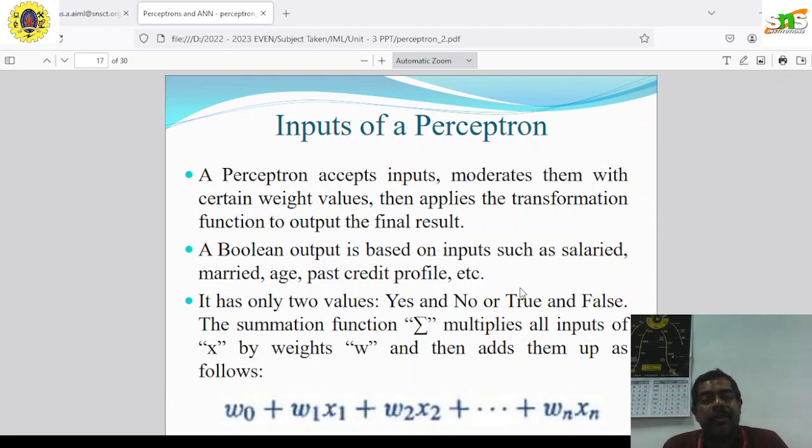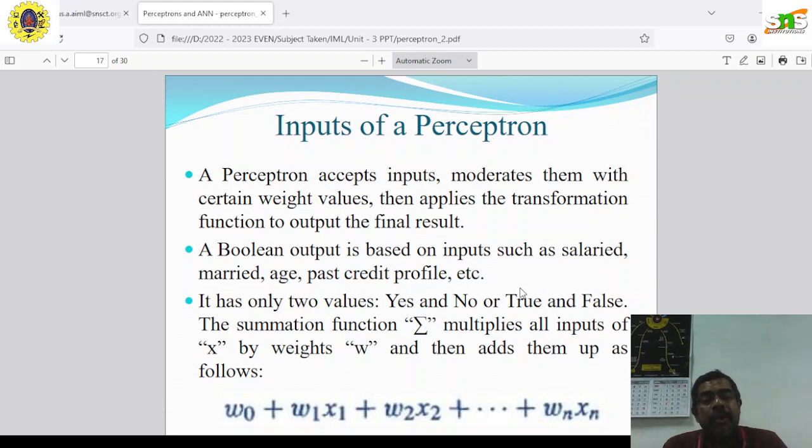For these parameters we have only one answer, either yes or no. Are you salaried? Yes or no. Are you married? Yes or no. What's your age, is it above 30? Yes or no. Past credit profile, is it good or bad? The outcome is always based on only one answer, either positive or negative. So it has only two values, yes or no, or true or false.